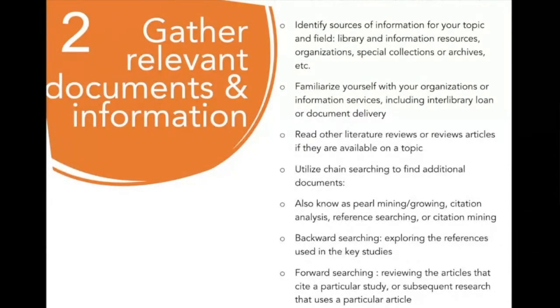The article which is very good, very interesting, you find when you know how to do pearl mining, citation analysis or reference searching. But this one I will not teach you further because it is a more advanced technique, but I will explain about it briefly, maybe next week when we do our literature search method, okay?